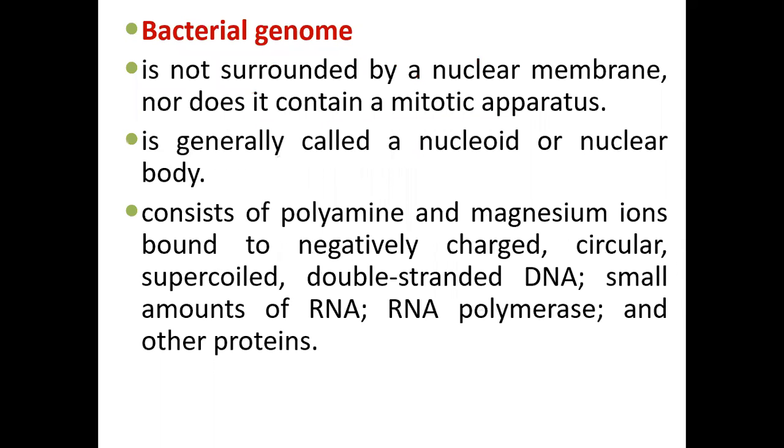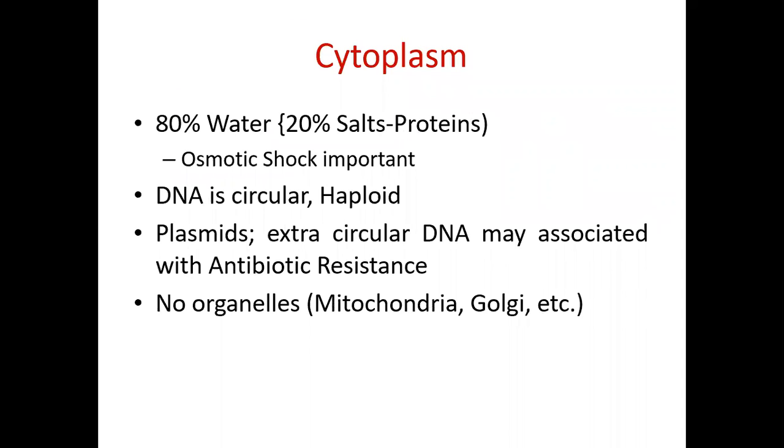The cytoplasm of bacteria is composed of 80% water, 20% salts and proteins. It helps in providing osmotic shock protection. DNA present inside the cytoplasm is a single circular chromosome, also extrachromosomal DNA, circular plasmid, associated with antibiotic resistance and present inside the cytoplasm.